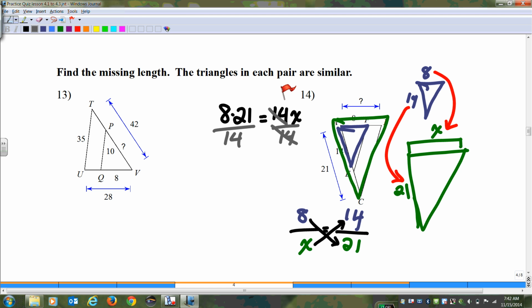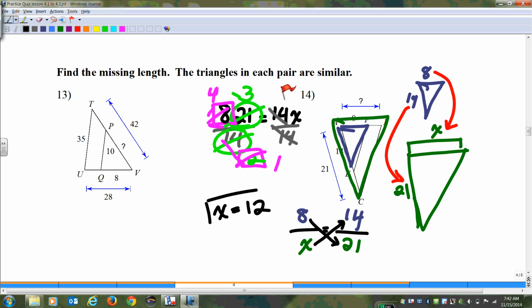It's factoring. So I'm going to circle 14 and 21. 7 goes into both, so 7 goes in here twice. 7 goes in here 3 times. Let's box the 2 and box the 8, and 2 goes in there 4 times. 4 times 3, we get x equals 12.